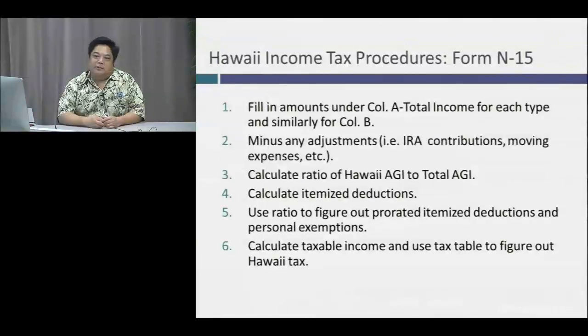And then under item number 3, you'll do a ratio of the Hawaii adjusted gross income, AGI, to the total AGI. So basically, column B divided by column A. And then you also calculate your itemized deduction if you have itemized deduction. And number 5 is you use the ratio to figure out the prorated itemized deduction. And then you get to the taxable income. And you use the tax table to figure out what your Hawaii tax would be.